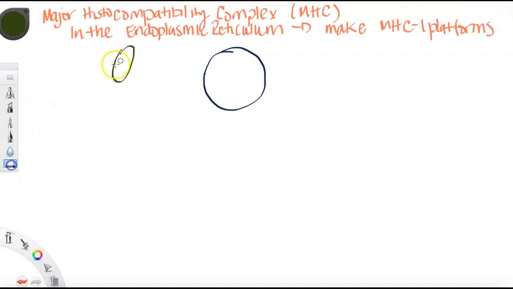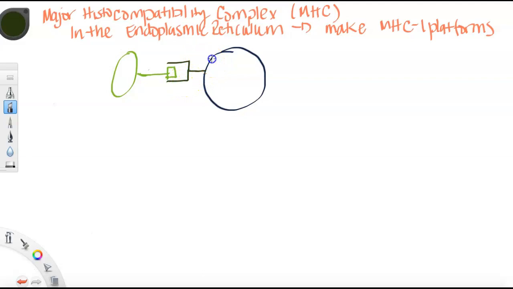Let's get a better color than that. Every time I'm in black, it never wants to not be black. Okay, so here's my little pathogen, and my little pathogen has antigen on it. Let's say that my cell here picks that up. It's going to bind, and now I have this little thing here.